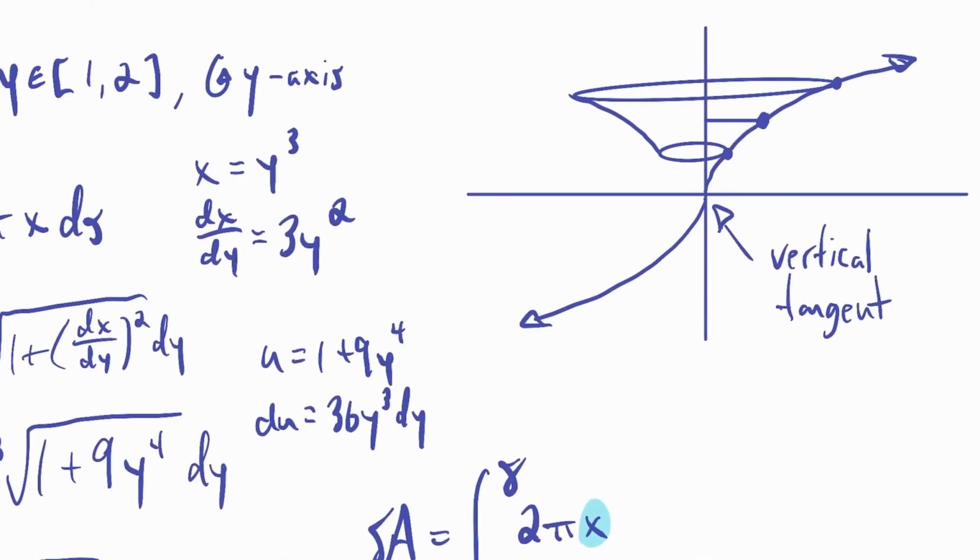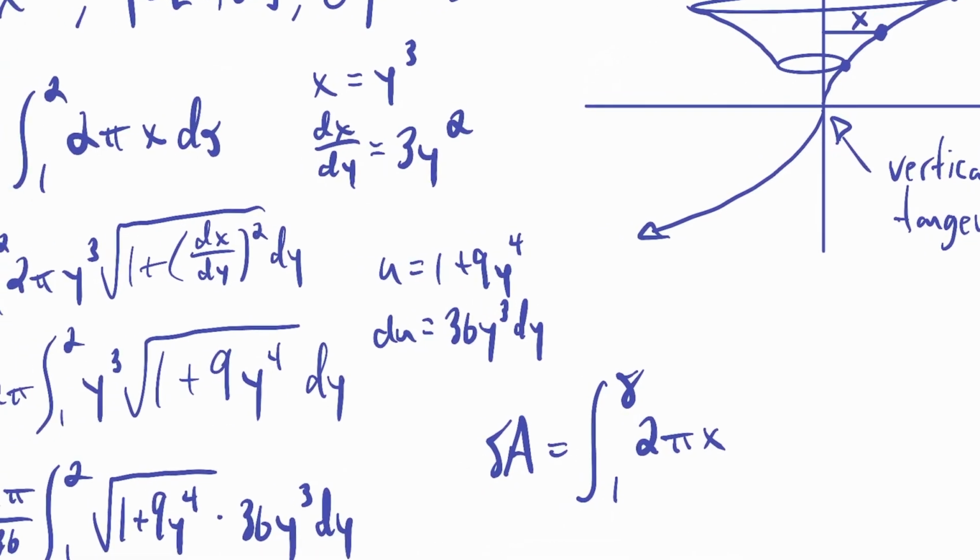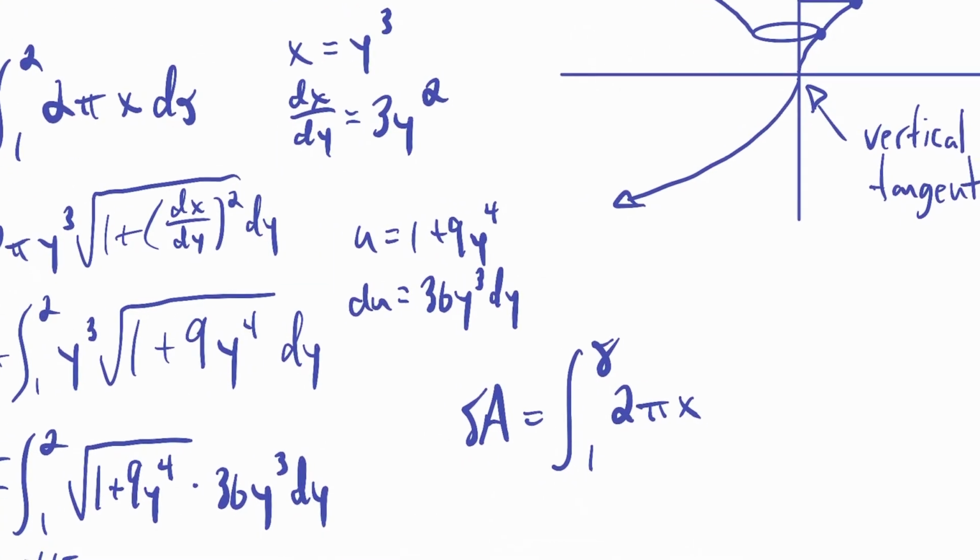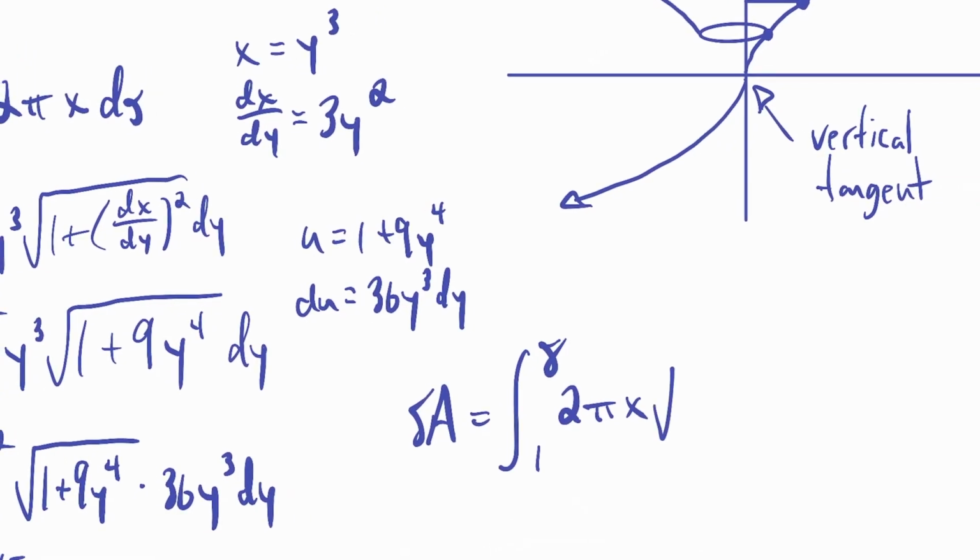Okay. So, I'm hitting undo. I mean to erase that. So, times, instead of this ds, the other ds. So, square root of 1 plus dy dx squared dx. And I'll tell you up front, this is going to be harder.